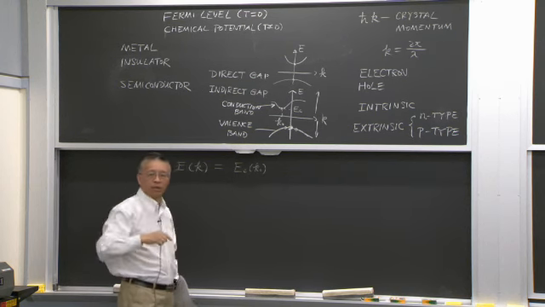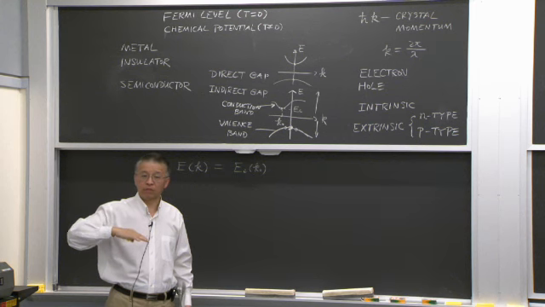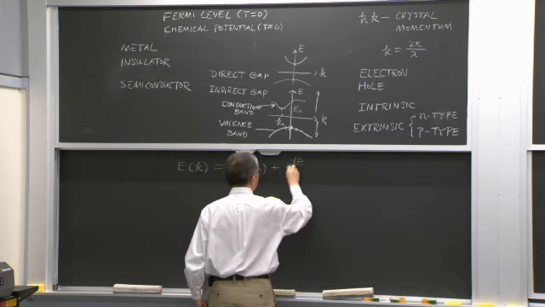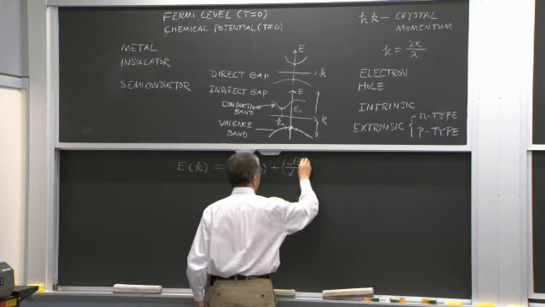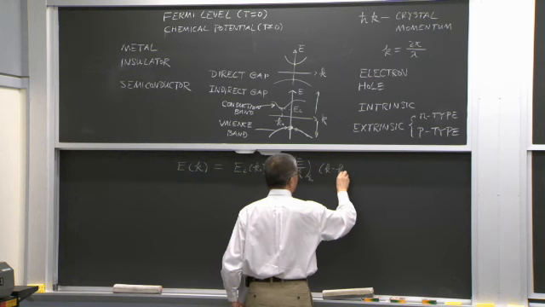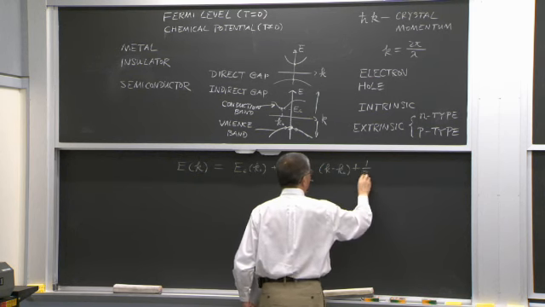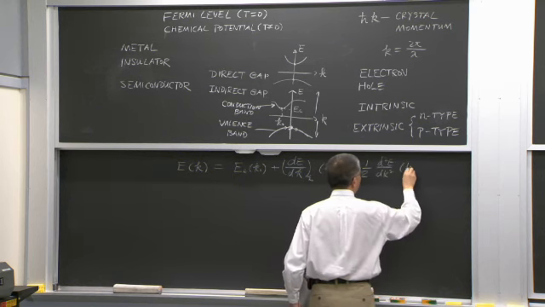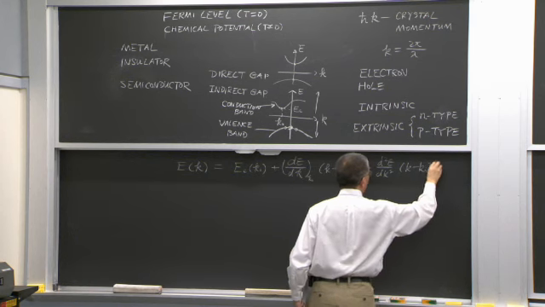That's the lowest, the first term of the expansion. And the second term, dE/dk at k0 times (k minus k0). And the next term is d²E/dk² times (k minus k0) squared, right?